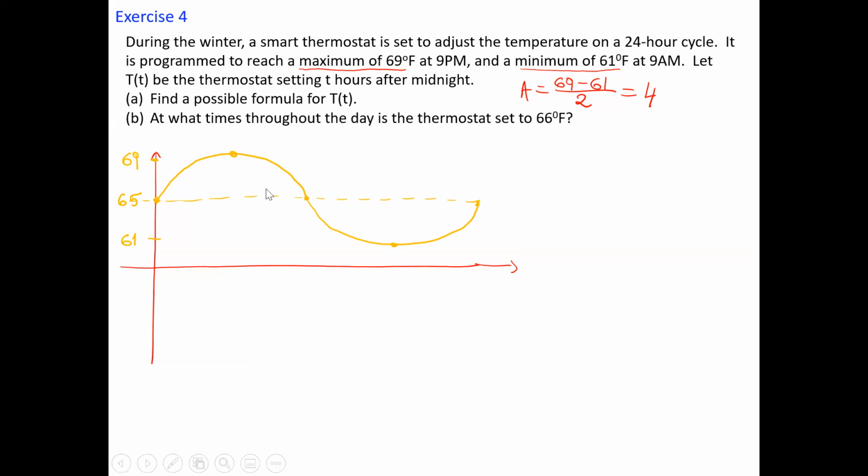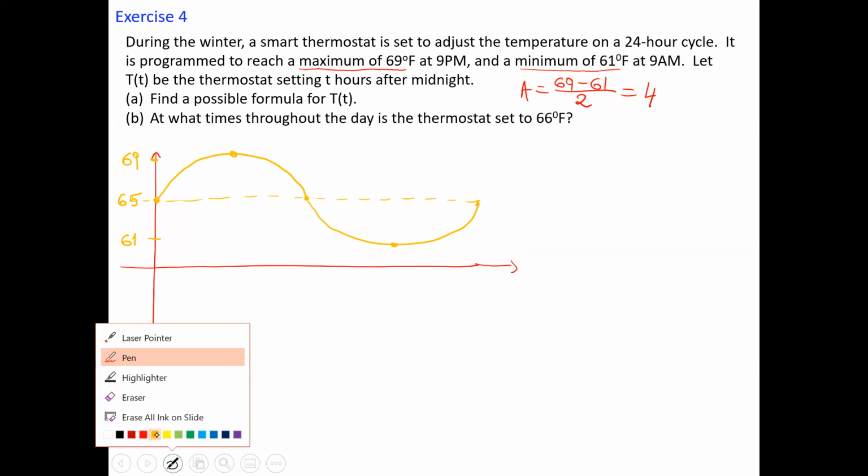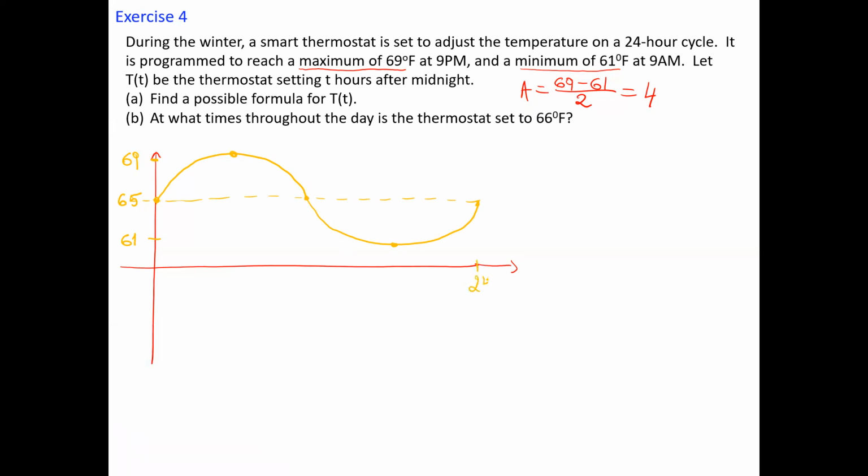We will put it into the formula in a minute. Now, since we have a 24-hour cycle, that's 24, that's halfway, 12. This is happening at 6, and this at 18. So 6, 12, 18, 24, 0. But I've already shifted to the midline, and I didn't draw just the sine.